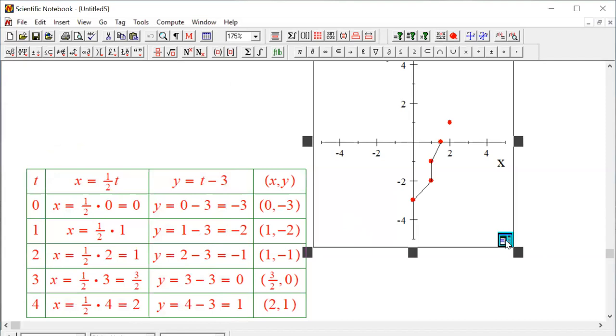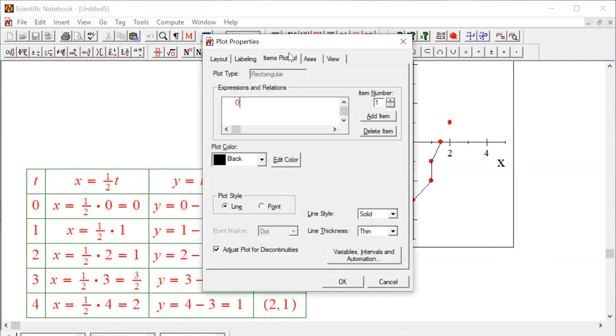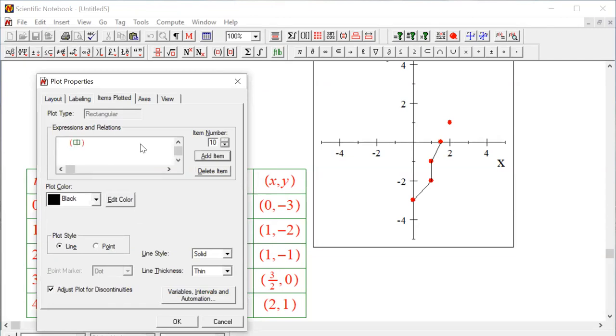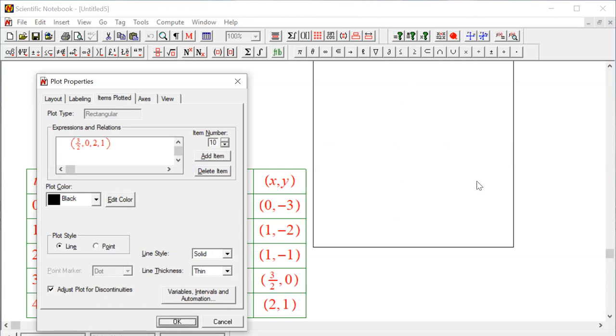So you connect these dots, from fourth to fifth. So you keep going and connecting those dots. Okay, so that's going to make it 3/2, 0 to 2, 1, and that's another line segment.